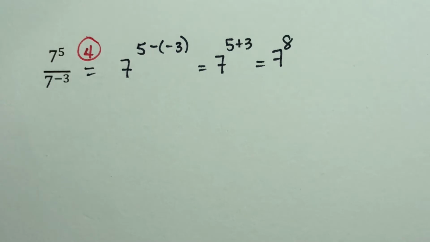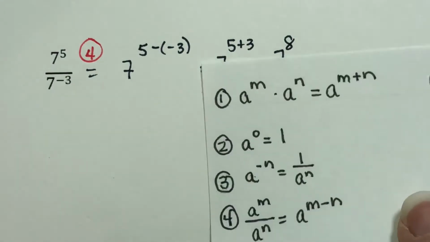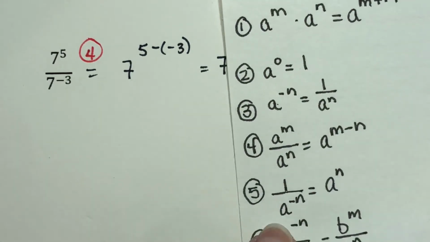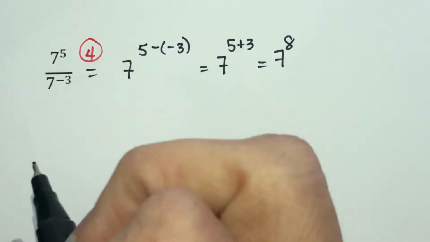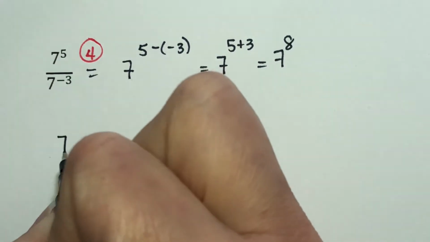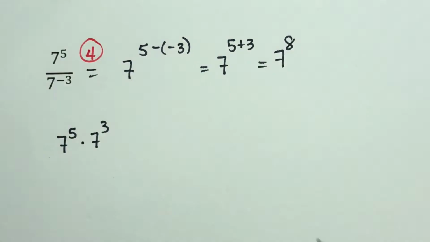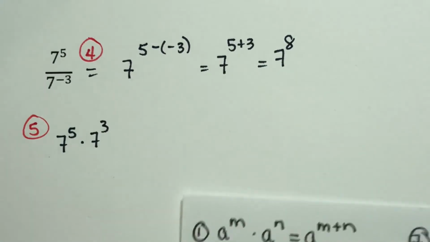The alternate way, I could use the property that says if you have a negative exponent in the bottom, it moves up to the top. You move the unhappy exponents. So if I move this up to the top, I would have 7 to the 5th times 7 to the 3rd. Let's call that property number 5, although it is a combination of some of these.